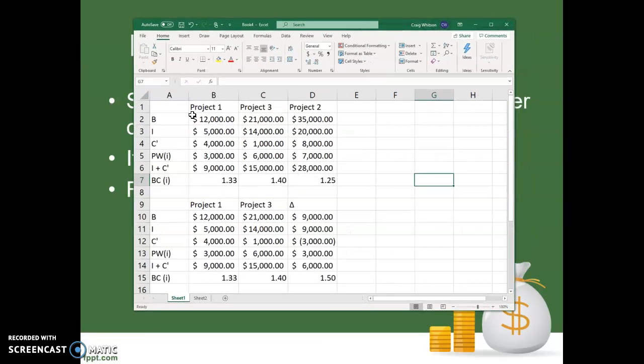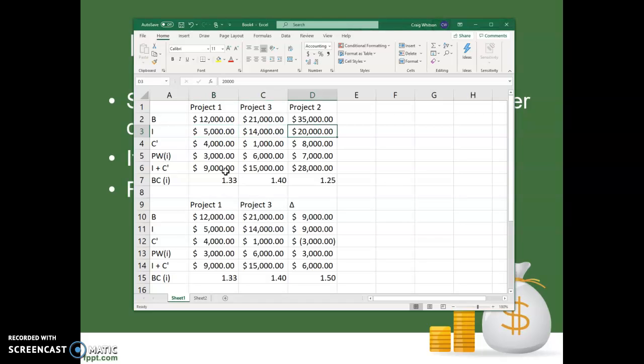So here I have the same spreadsheet I used earlier for comparing these 3 projects using benefit-cost ratio. I reordered them in the order 1, 3, 2 because of the cost. The investment costs increased from 5 to 14 to 20.